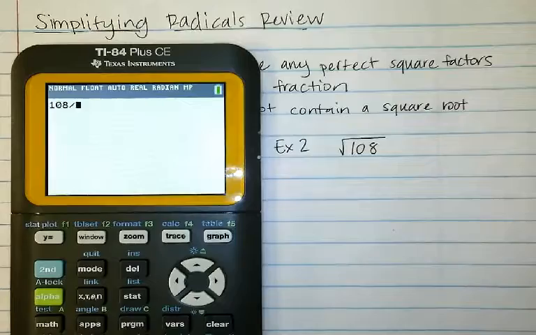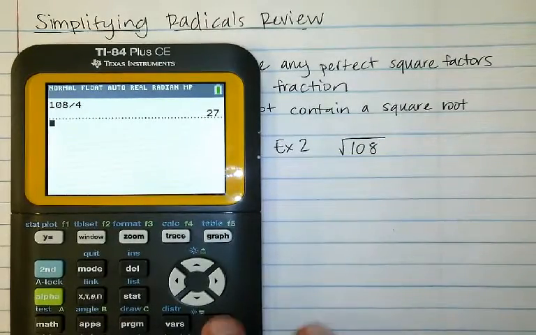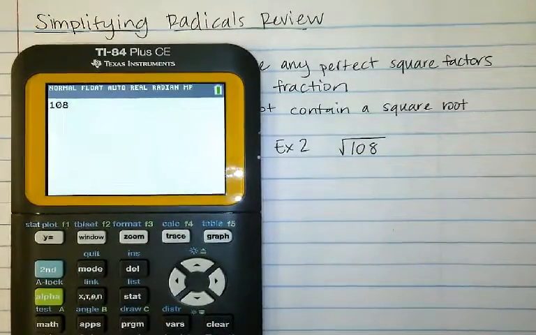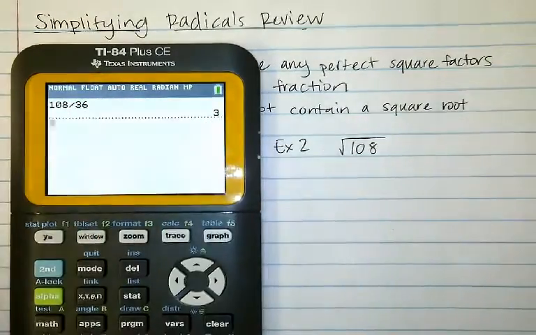You can say 108 is divisible by 4, but I don't think that's our largest perfect square, so let's start with bigger ones. Let's try 36. 36 times 3. That's so much nicer, much larger than 4.